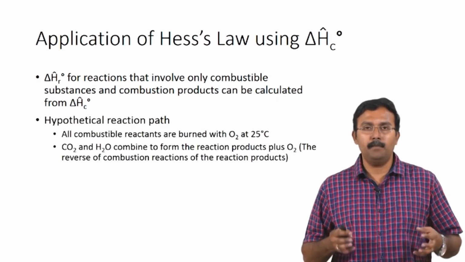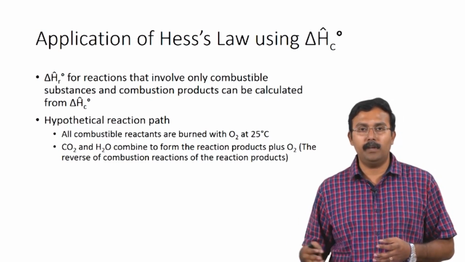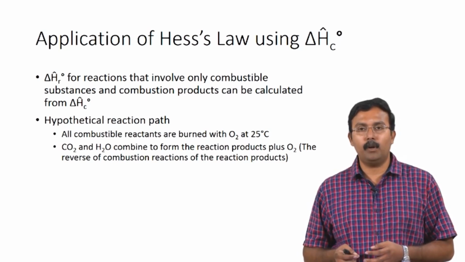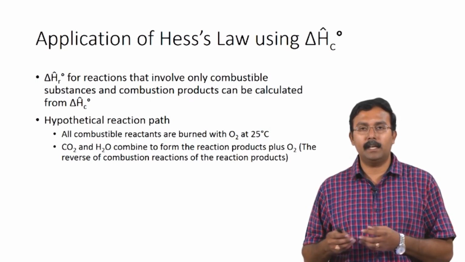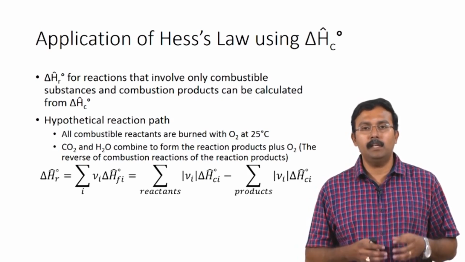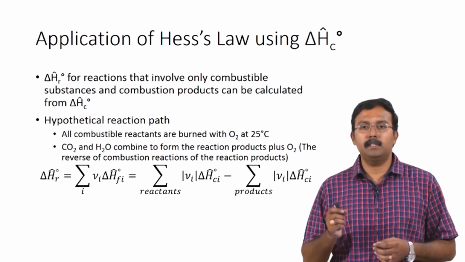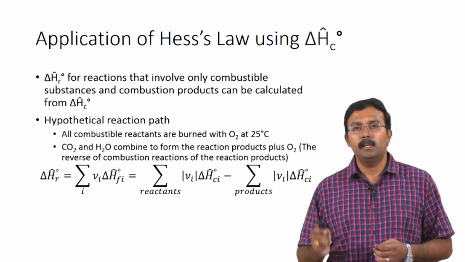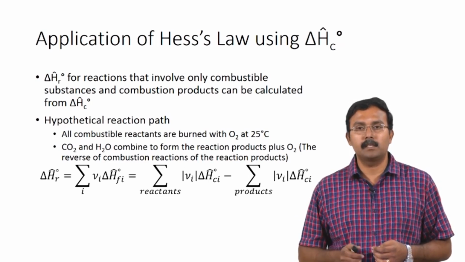So, you can create a hypothetical path where all combustible reactants are burnt with oxygen at 25 degrees Celsius, carbon dioxide and water combine to form the reaction products plus oxygen, the reverse of combustion reactions of the reaction products, and therefore, using this assumption we can calculate the heat of reaction as first the summation of the stoichiometric coefficients times heat of combustion for the reactants minus the summation of the stoichiometric coefficients times the heat of combustion of the products.